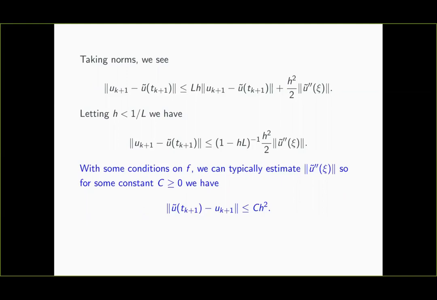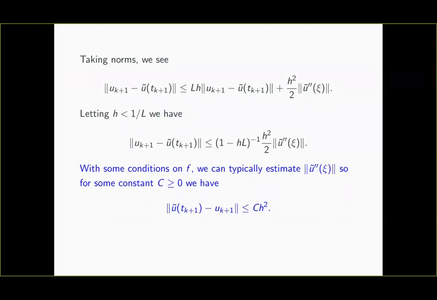Okay, now let's take norms. And we also use the inequality that is satisfied by f. And so we get that the Euclidean norm of u_{k+1} minus u tilde at time t_{k+1} is bounded from above by L times h times the Euclidean distance of u_{k+1} minus u tilde at time t_{k+1}, plus h squared over 2 times the Euclidean norm of u tilde prime prime of xi.